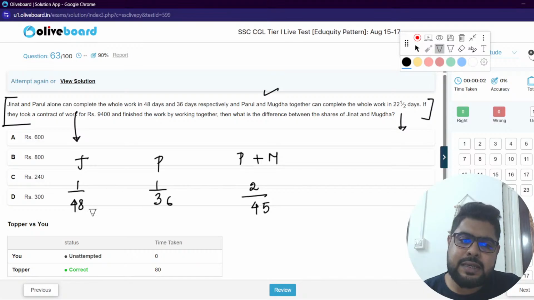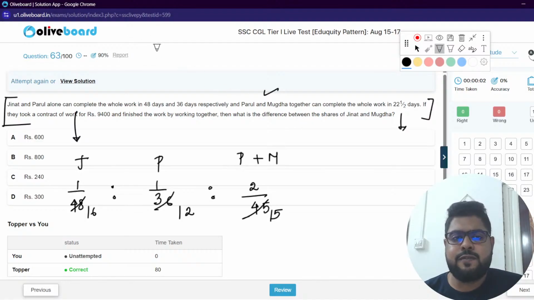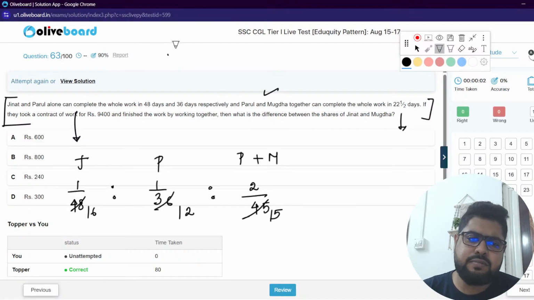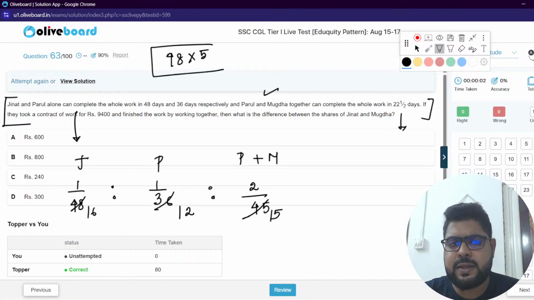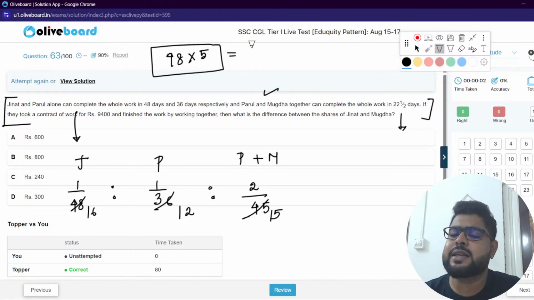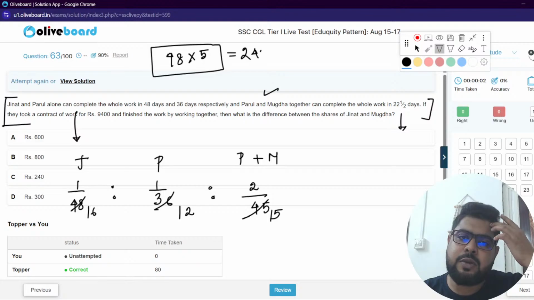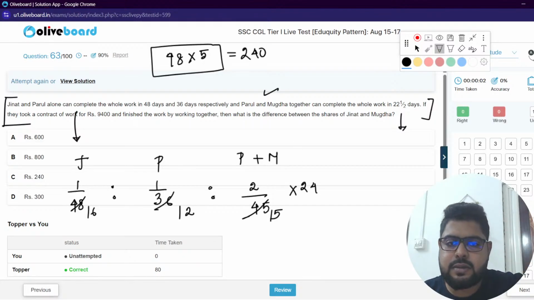If you calculate this, sir, it will be 16 and 12. 16 and 12, how much, sir? 48. Multiply this by 240.